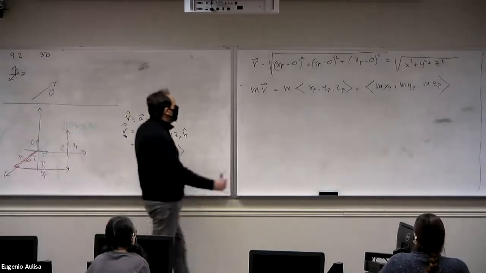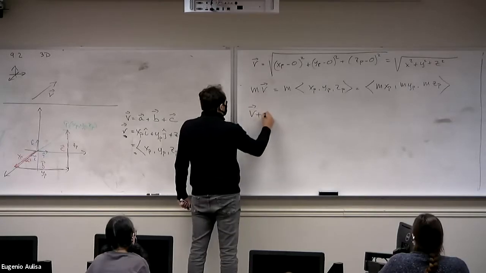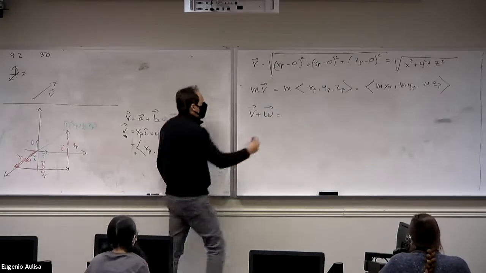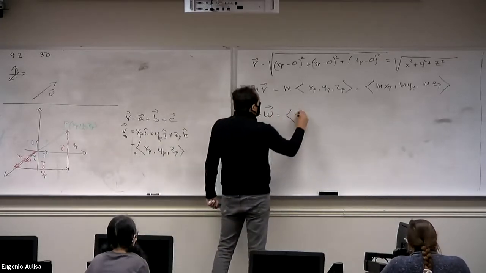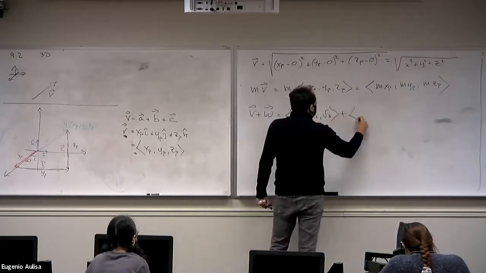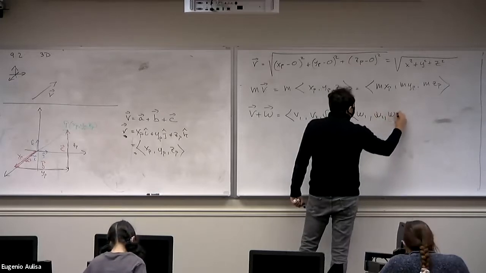What's going to be V plus W vector? Now I'm going to write V as V1, V2, V3 to distinguish from the W vector, W1, W2, W3.